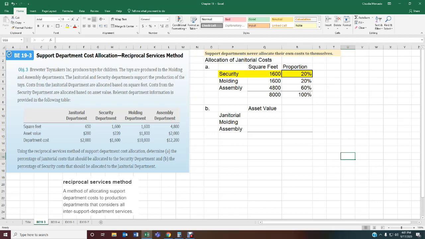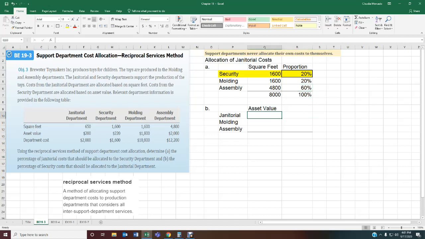But in this particular case, they're only asking you for the percentage of janitorial costs that are going to be allocated to the security department, and that would be 20%. If they were to have asked you how much you are going to allocate to the assembly department, the assembly department would have been 60%. And the percentage or the proportion allocated is based on the number of square feet that they have.